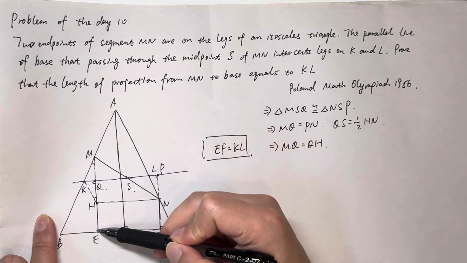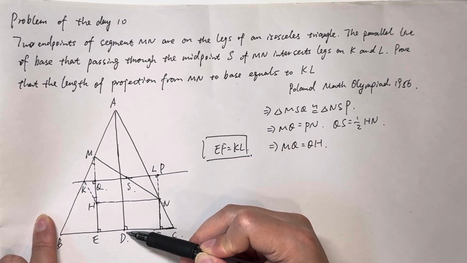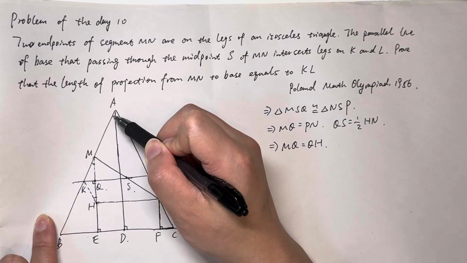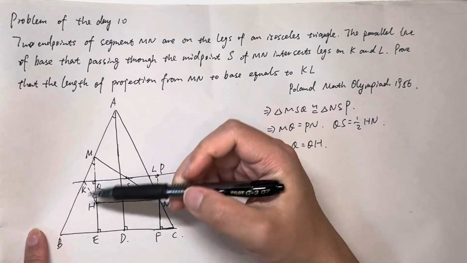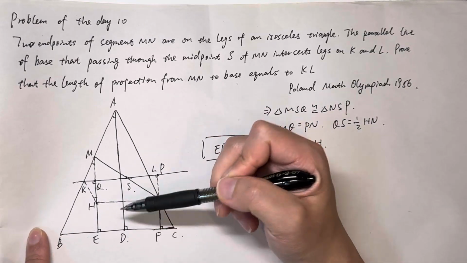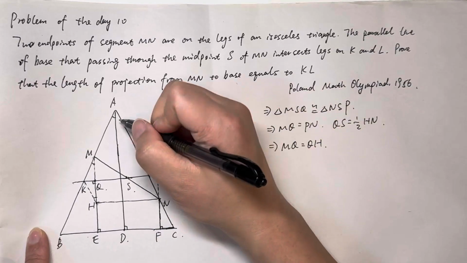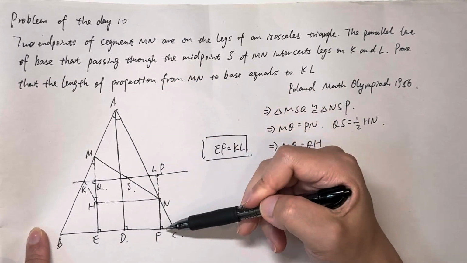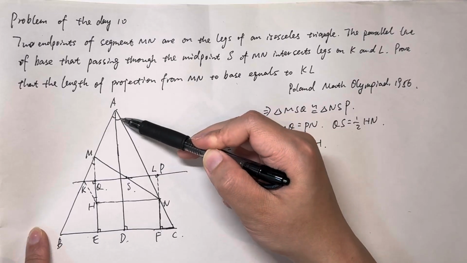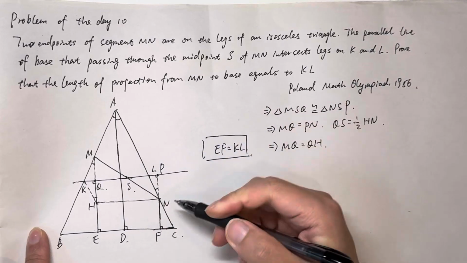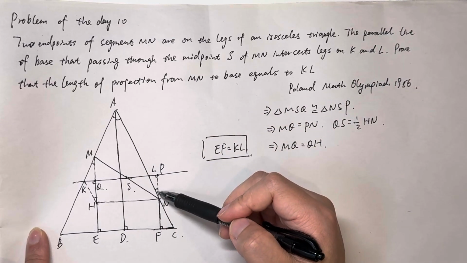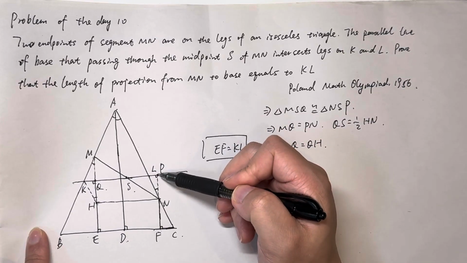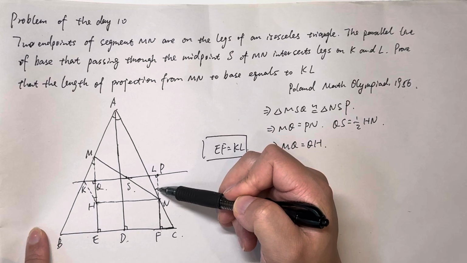And because ME is parallel with AD, this angle equals this angle, and also this angle equals this one, which equals angle BAD, and angle BAD equals angle DAC. And because AD is parallel with FP, this angle equals angle LNP.